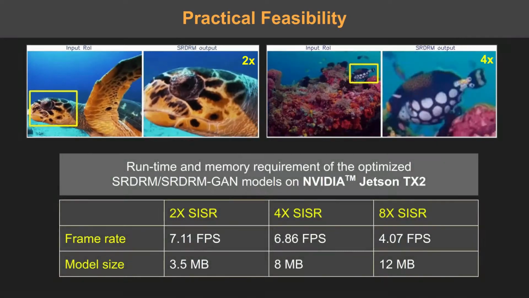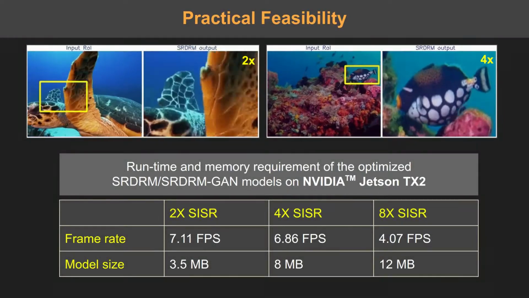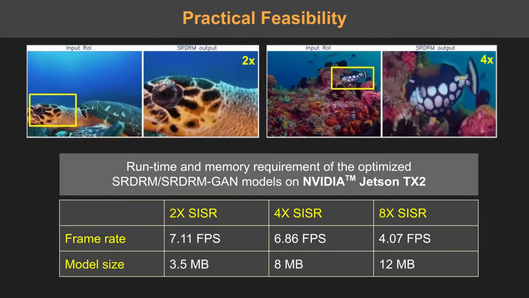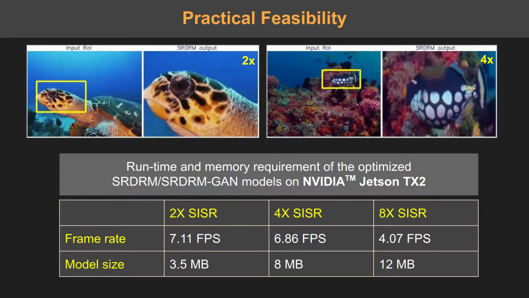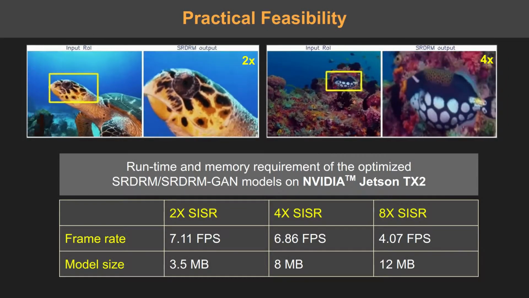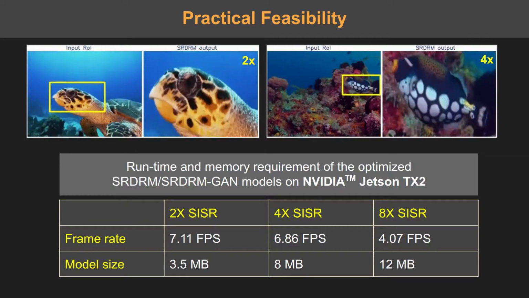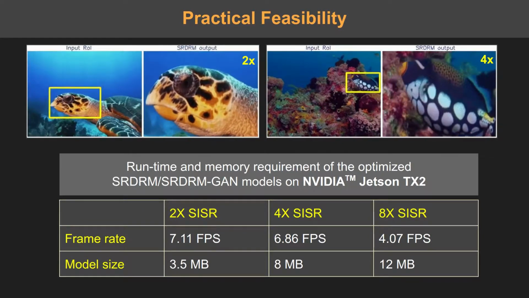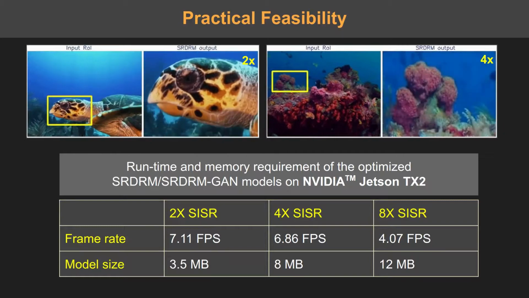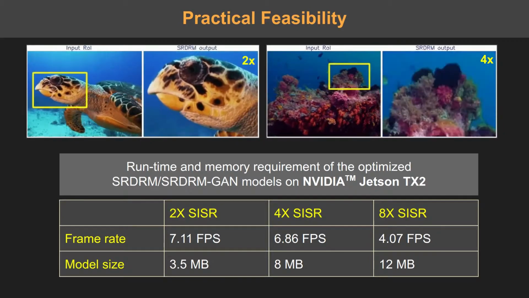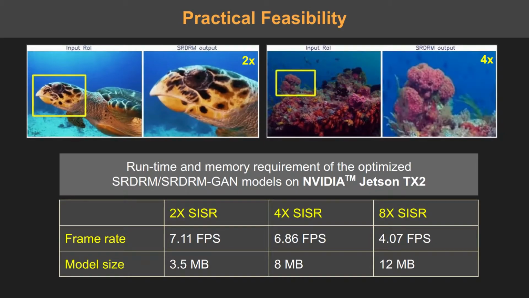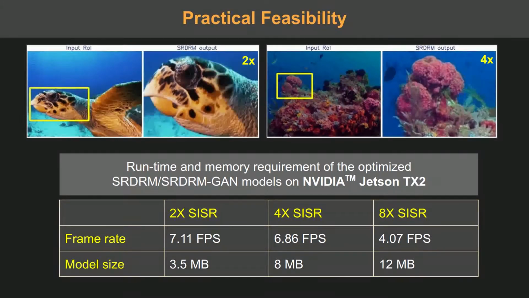As shown in this table, the memory requirement of SRDRM or SRDRM-GAN is less than 12 megabytes, and it runs at up to 7 frames per second on single-board computers such as NVIDIA Jetson TX2. Therefore, it essentially takes about 150 milliseconds for a robot to take a closer look at a low-resolution image patch. Such computational aspects are admissible in near real-time applications.